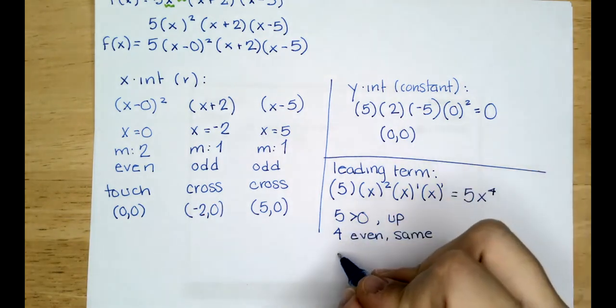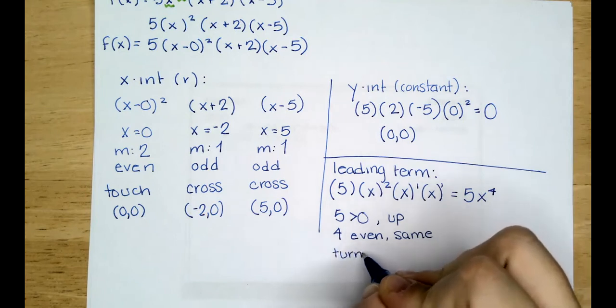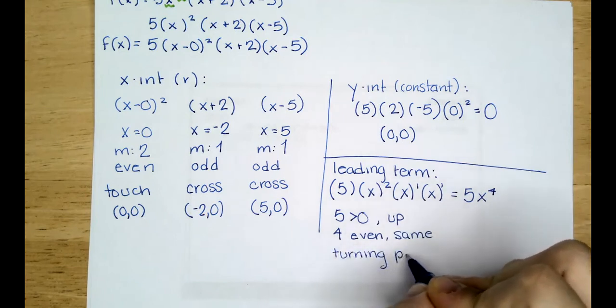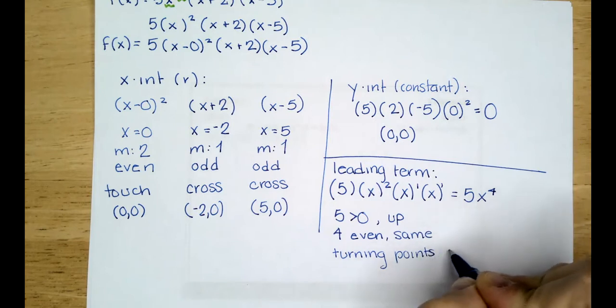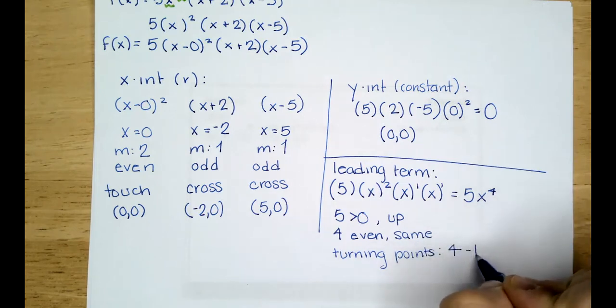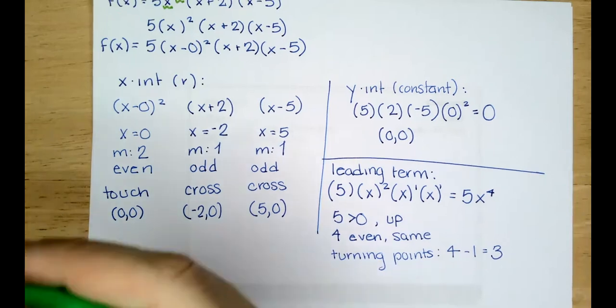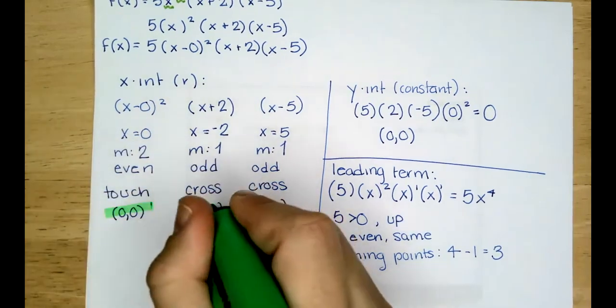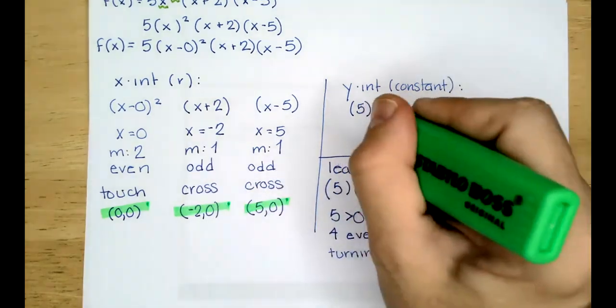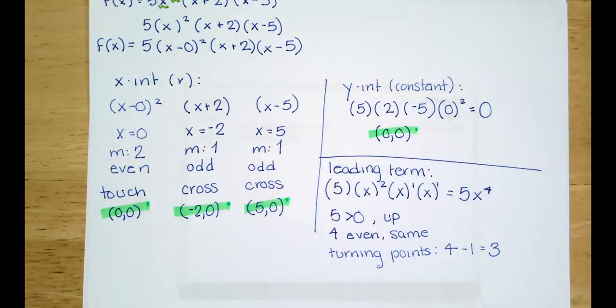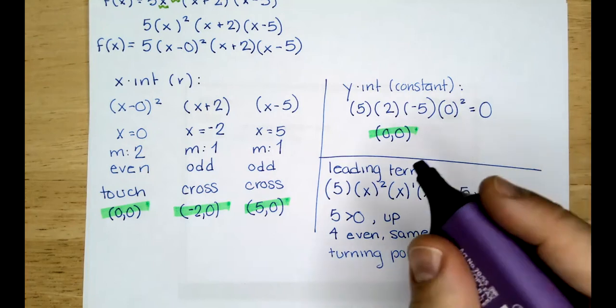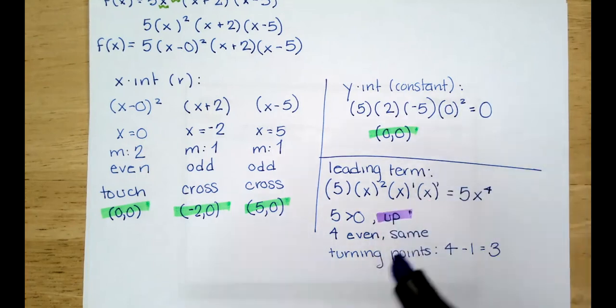And the max number of turning points is 4 minus 1, which is 3. Okay, so we have the points (0, 0), (-2, 0), and (5, 0). Because this is a 5, it's going to open up.